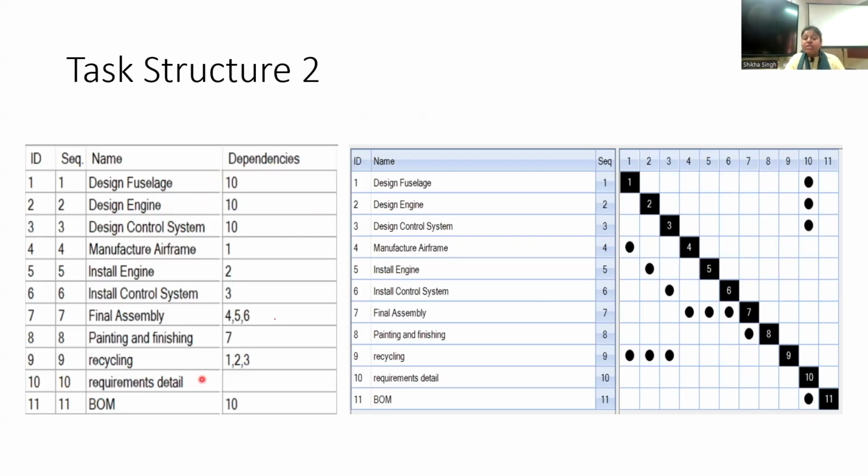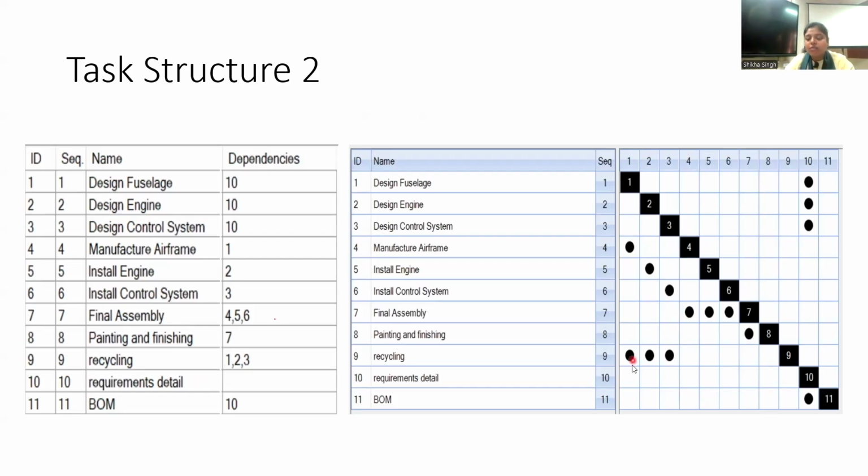But in the sequence which is mentioned here, I got two things: one is a list of components or list of activities, the second is the dependency. Now my objective is to process this matrix information so that the sequence of the activities can be rearranged, or the sequencing, the banding and the clustering can be done to bring out more insightful decisions.